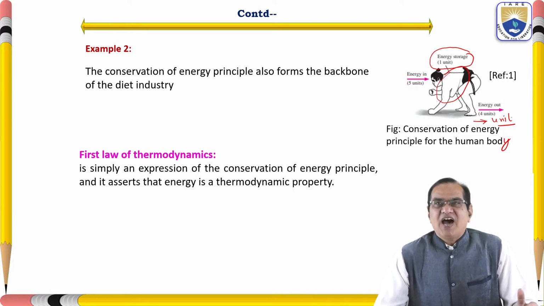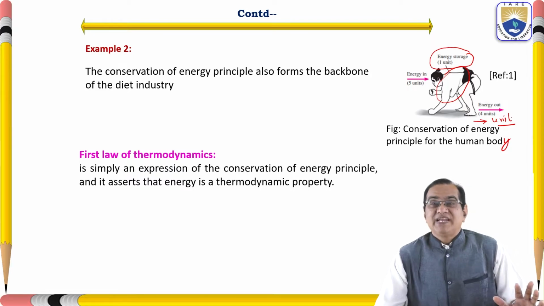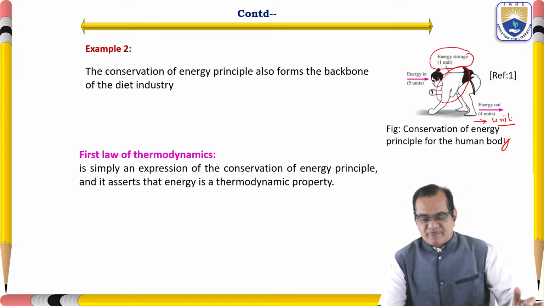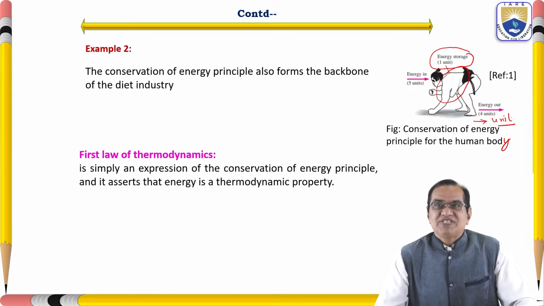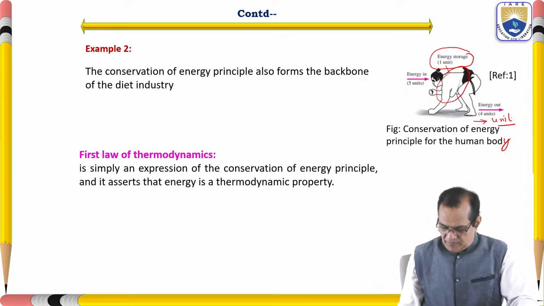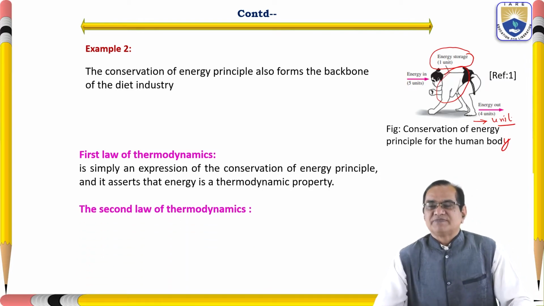The first law of thermodynamics is simply an expression of the conservation of energy principle and asserts that energy is a thermodynamic property and it is conserved. Energy is a thermodynamic property, and so is specific internal energy, which is emphasized by the help of the first law of thermodynamics.